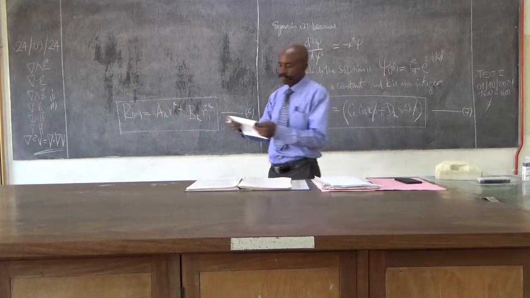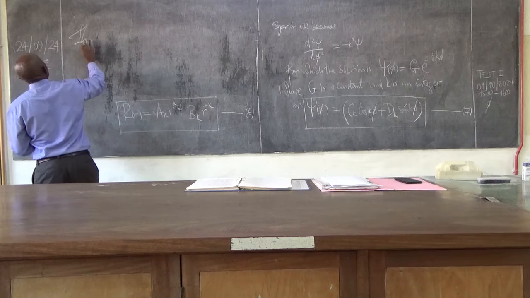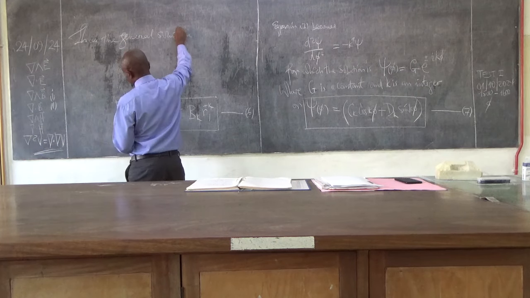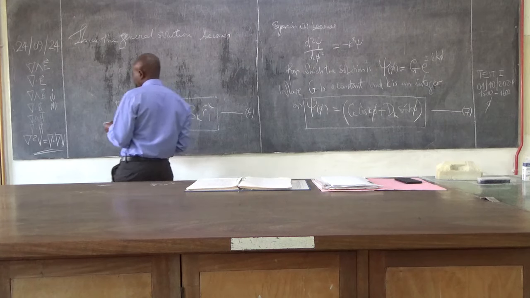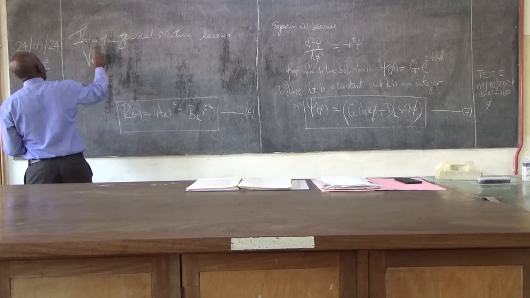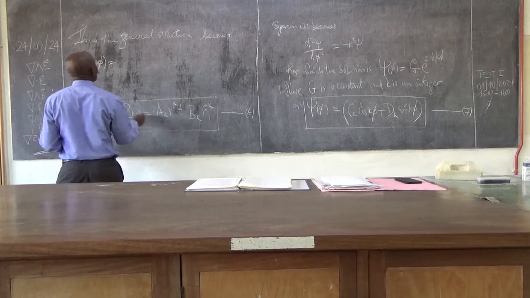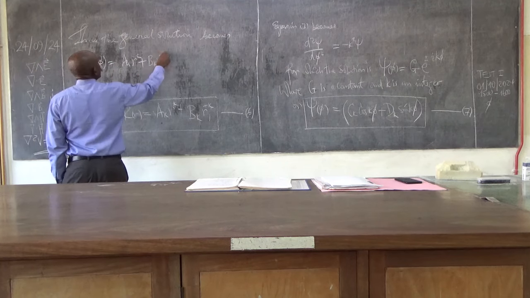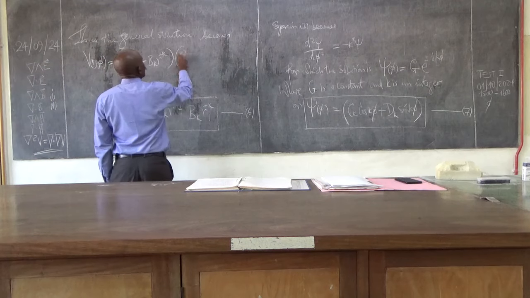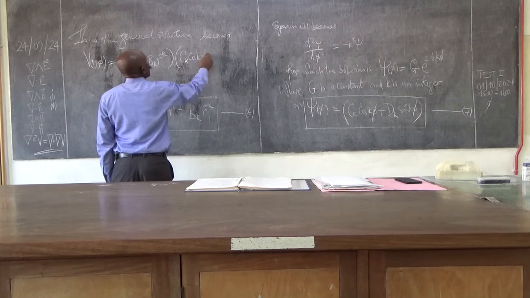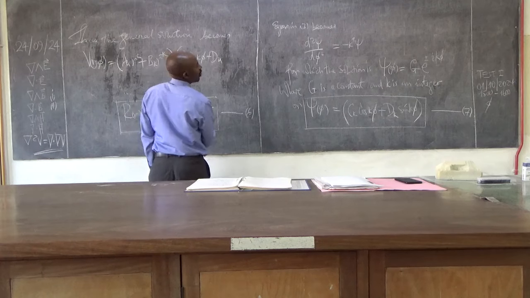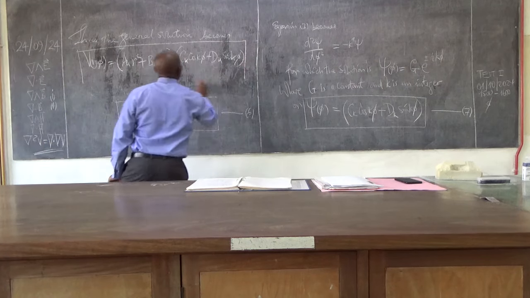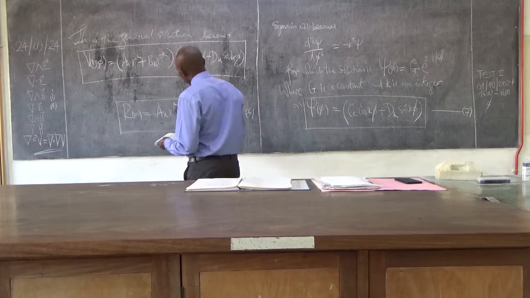The general solution becomes V of r, phi equal to this part here, A_k r to the k plus B_k r to the minus k, multiplied with C_k cos k phi plus D_k sin k phi. And this becomes our equation 8.